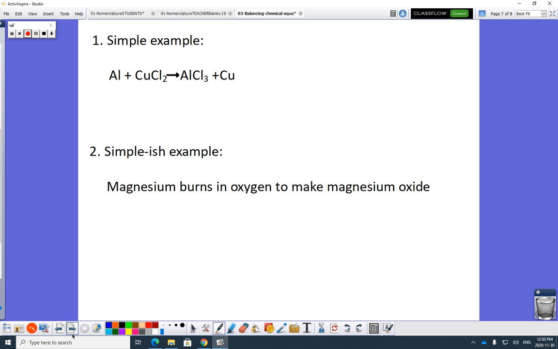My eyes are drawn to the chlorine, which is a 3 here and a 2 here. So the chlorine on the product side is odd, and on the reactant side is even. You can make a chart if you want, or do the thing underneath, whatever works for you.